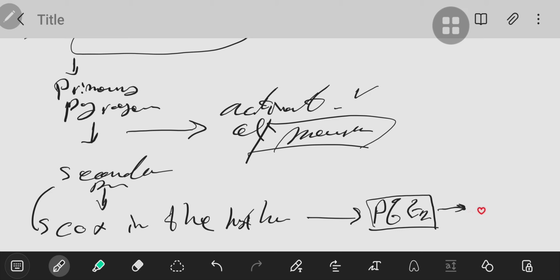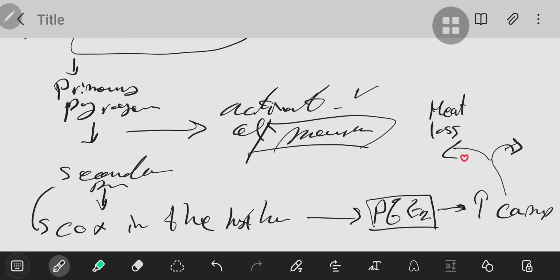Then it leads to an increase of cAMP, or activation of cAMP, and that leads in two directions: heat loss and heat production. That leads to the fever.